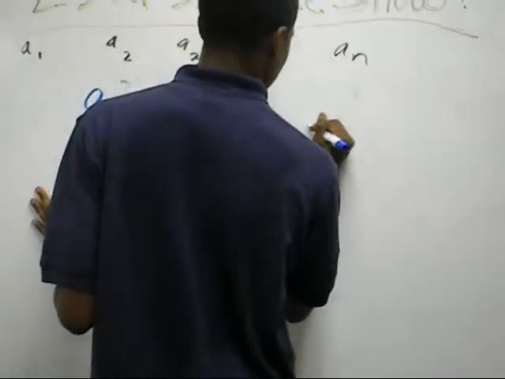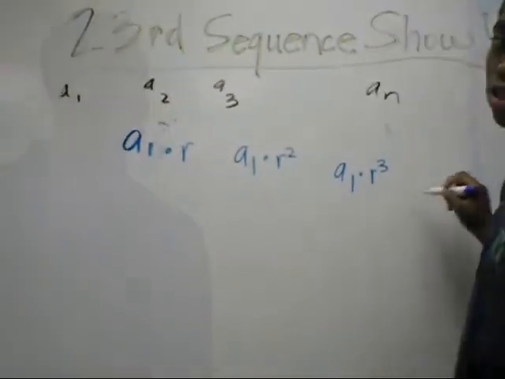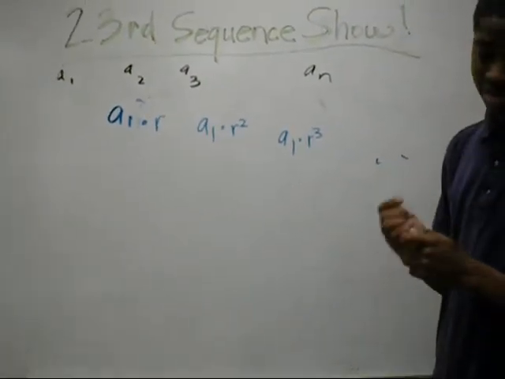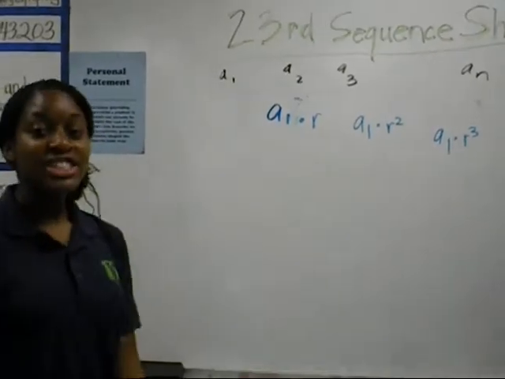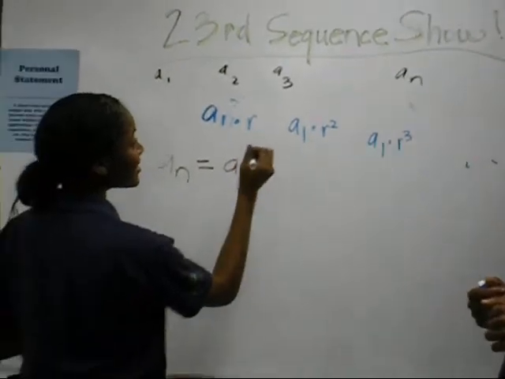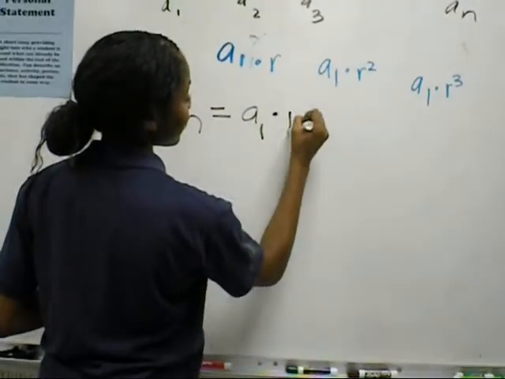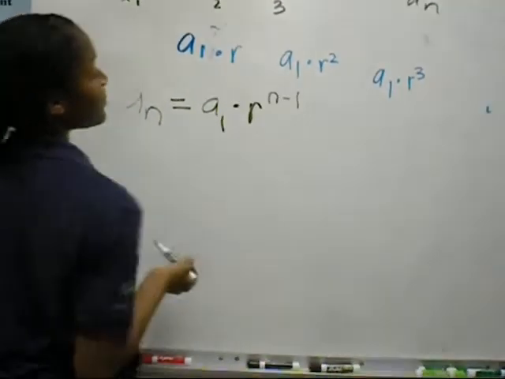The next one is A1 times R cubed, and so on. R would be the common ratio between the numbers. In general, AN equals A1 times R to the N minus 1.